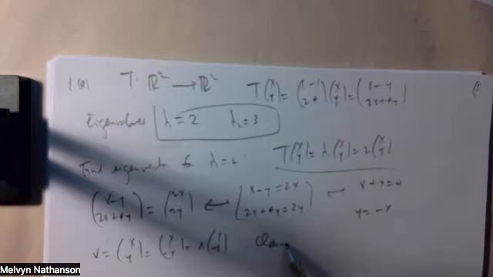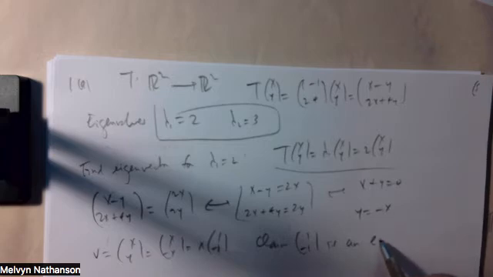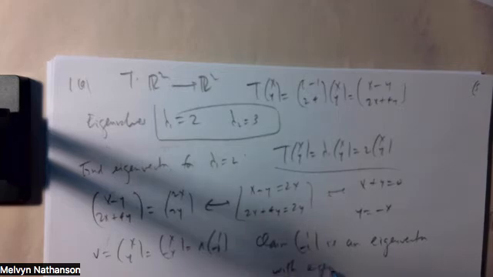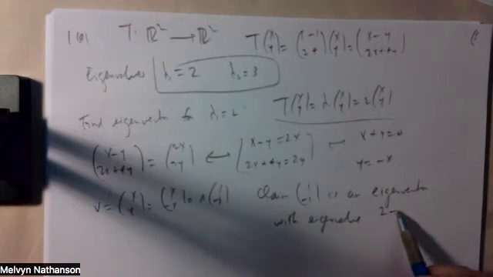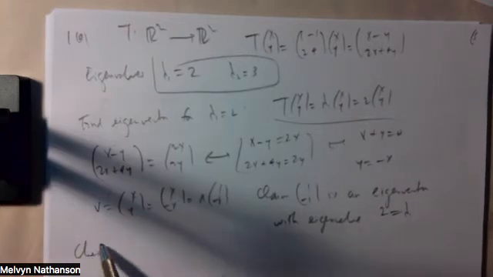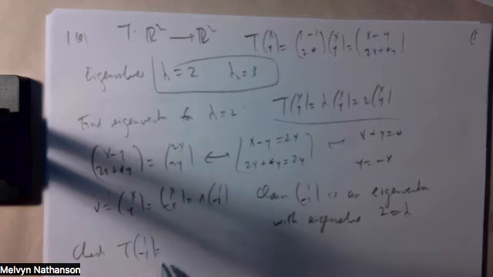So I claim, for example, that 1 minus 1 is an eigenvector with eigenvalue 2. Lambda 1 is 2. Let's check. If I take T of 1 minus 1, that's equal to 1 minus minus 1 over 2 times 1 plus 4 times minus 1.